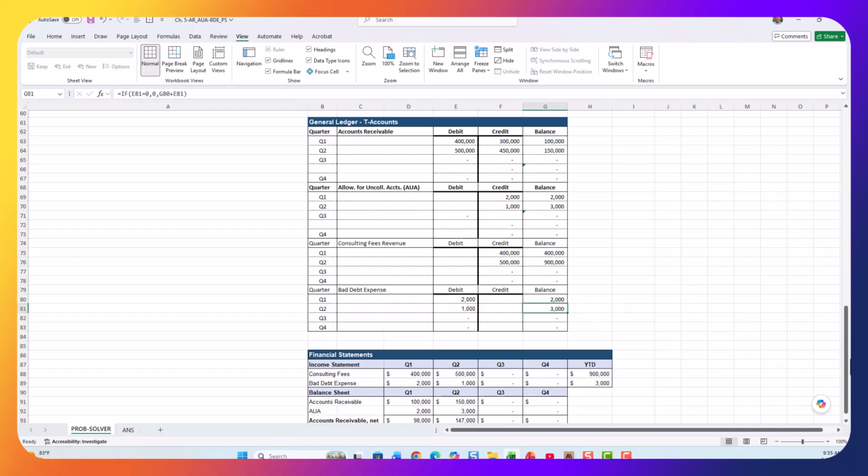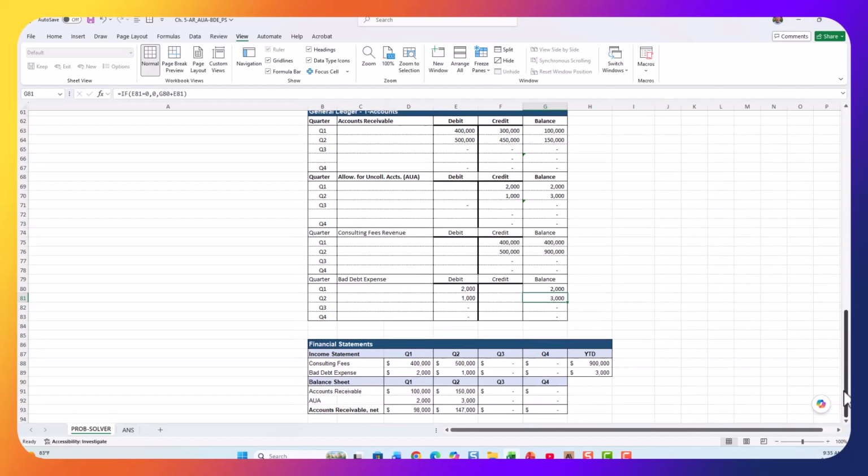For Q2, the income statement will show consulting fees of $500,000 with a year-to-date total of $900,000. It will also show bad debt expense for the quarter of $1,000 with a year-to-date total of $3,000.